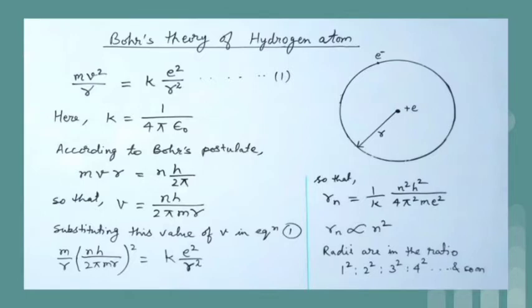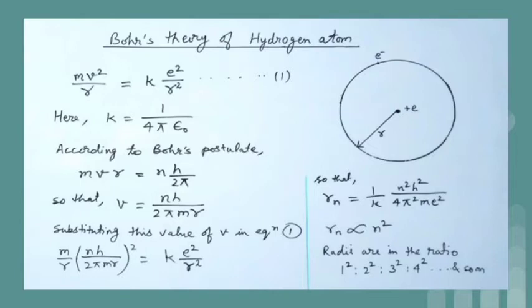In the expression, m is the mass and v is the velocity with which the electron revolves around the nucleus in a stationary orbit of radius r. According to Bohr's postulate, mvr = nh/2π, so that v = nh/2πmr.